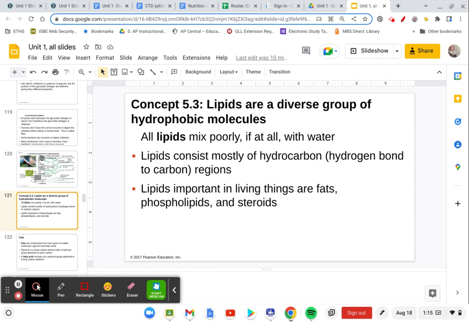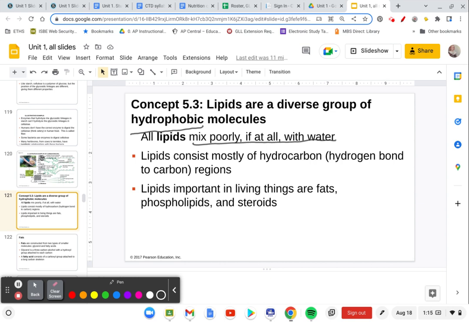Okay, so moving on to our next macromolecule, which is lipids. Lipids are a very diverse group. They are in general hydrophobic, meaning that they really do not mix well with, or at all with, water.